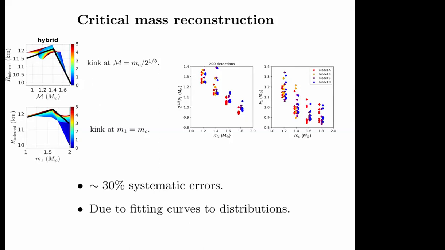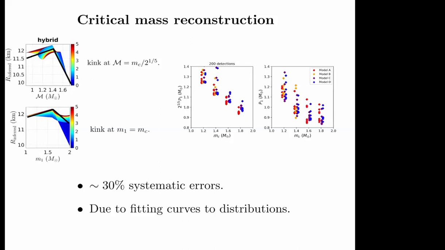This procedure we are using here has significant systematic errors. They're on the order of 10 to 30% or so, and this is due to the fact that what we're doing here is just too simple-minded.